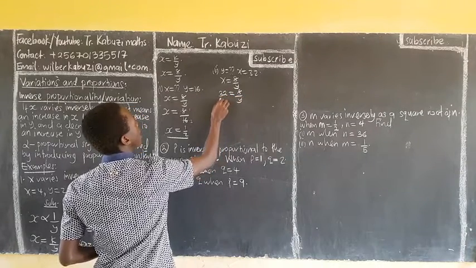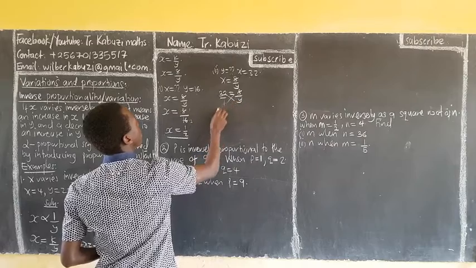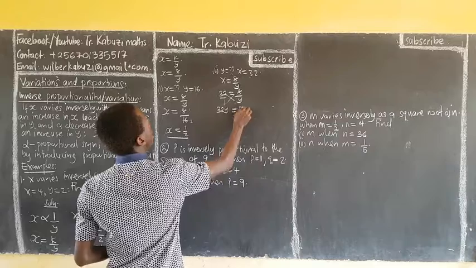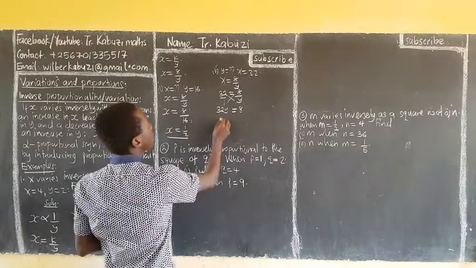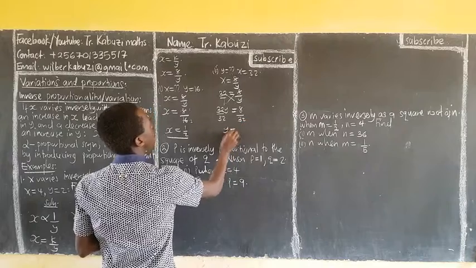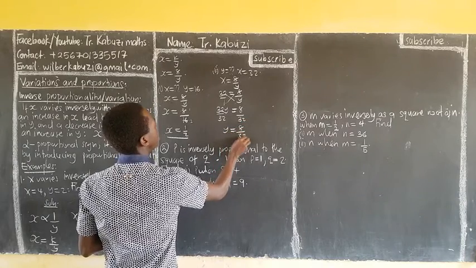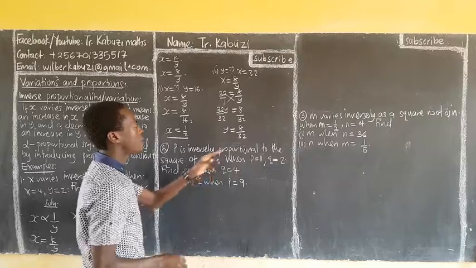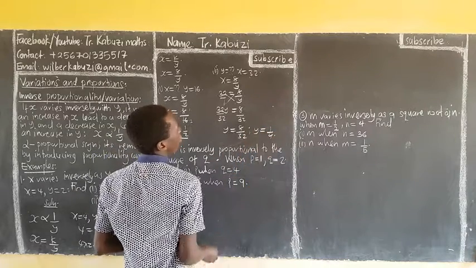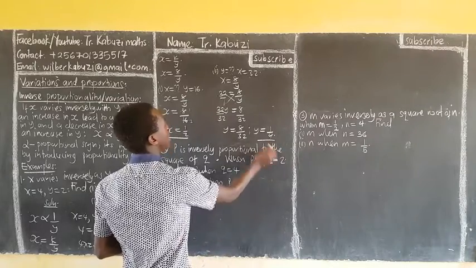And then cross multiply, we have 32y equaling 8. Then we divide by 32 on both sides. So my y becomes 8 over 32. And if you reduce this, your y will be 1 over 4.